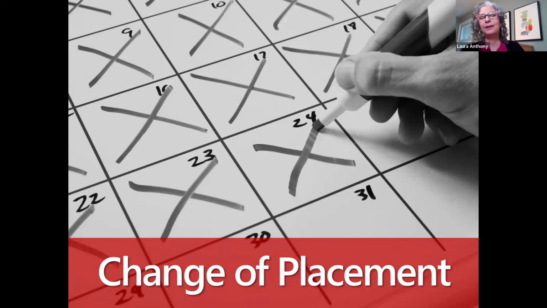Okay. Once that decision is made, so that date where it says you are expelled, now the team has to convene and the manifestation determination must take place within 10 school days of that decision. So many districts, I know, do the manifestation review before it ever gets to the superintendent's desk.